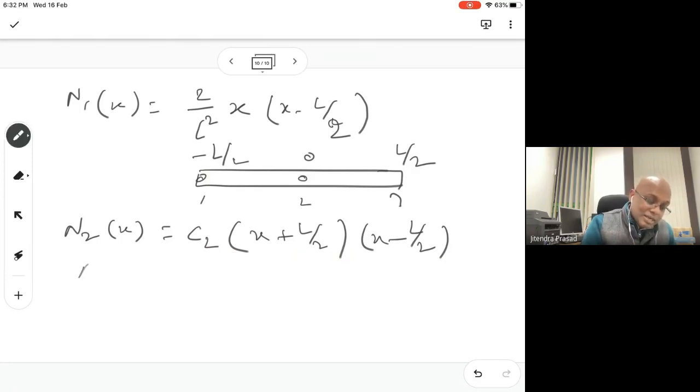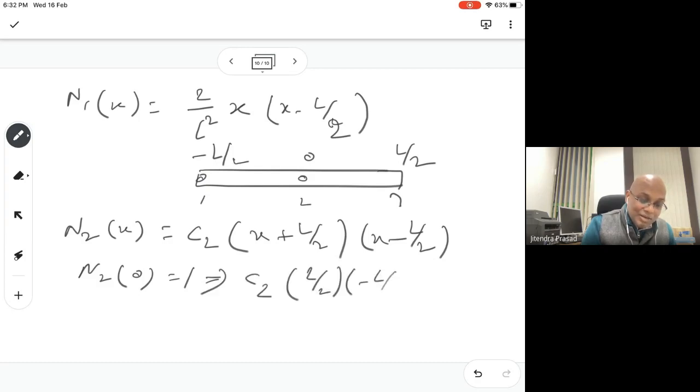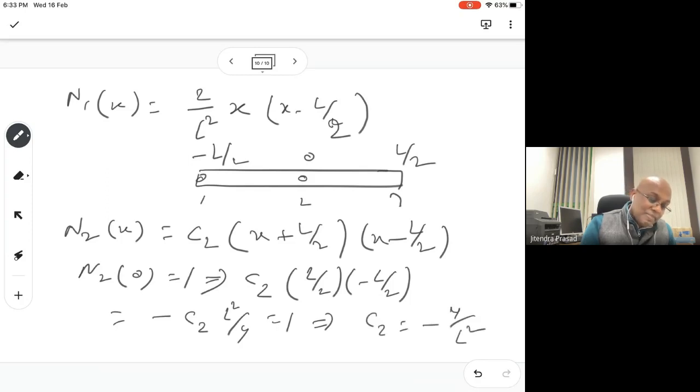But we know that N2 at 0 has to equal 1. So that means C2 times L over 2 times minus L over 2 equals minus C2 L square over 4, which has to be equal to 1. That tells us C2 equals minus 4 over L square. And hence we have N2(x) given by minus 4 over L square, times x plus L over 2, multiplied by x minus L over 2.